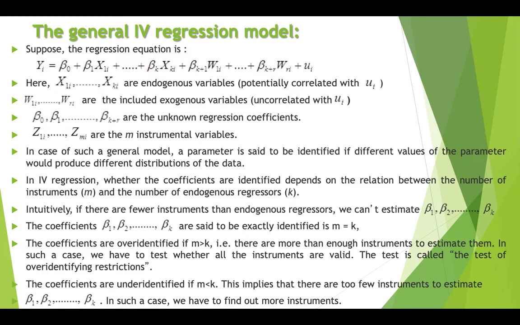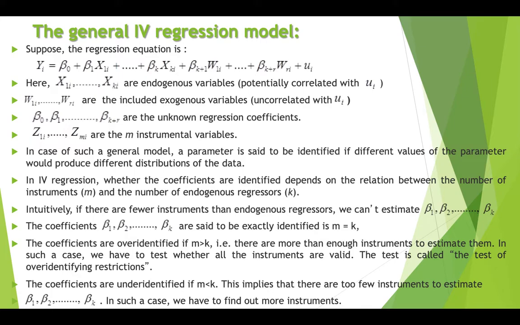Here x1i to xki are endogenous variables, that is, correlated with ui. w1i to wri are included exogenous variables, that is, uncorrelated with ui, and we are taking z1i to zmi as m instrumental variables. So, in the general model we have m instruments for k regressors.